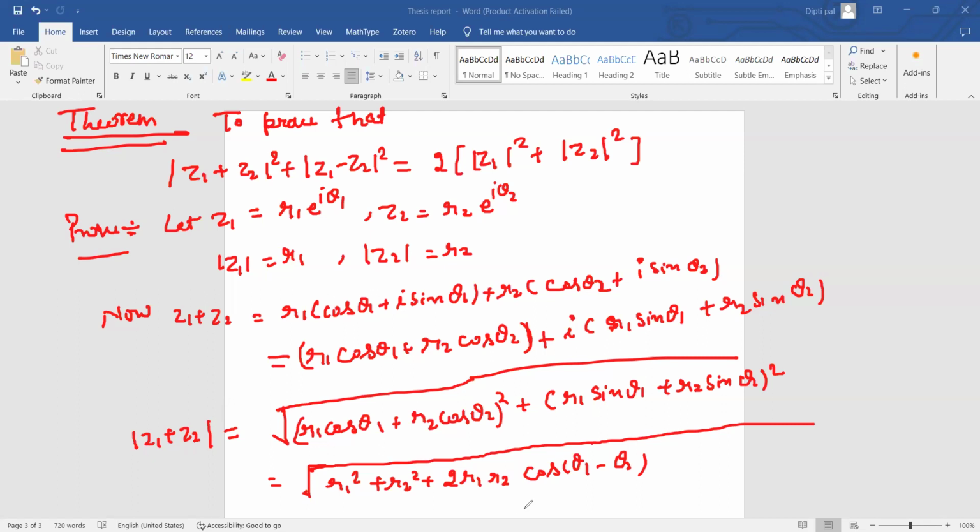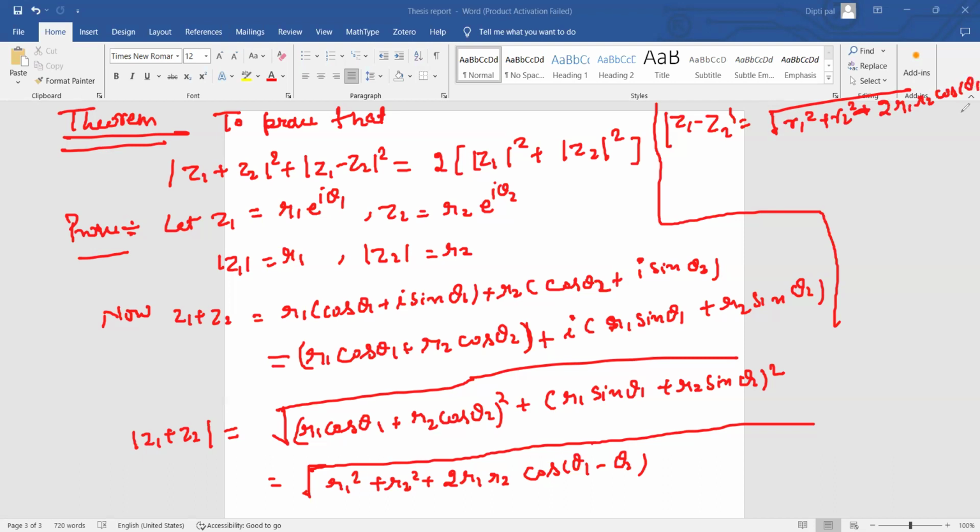Likewise, we find Z1 minus Z2, and as found earlier, we obtain square root of R1 square plus R2 square minus 2 R1 R2 cos theta 1 minus theta 2.